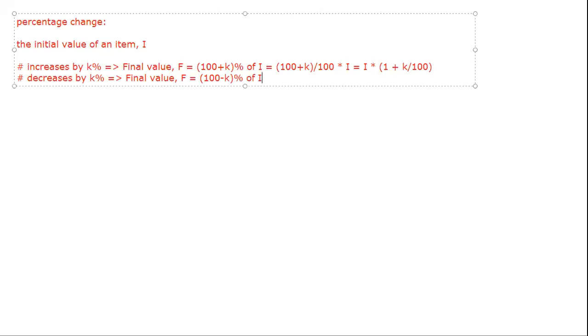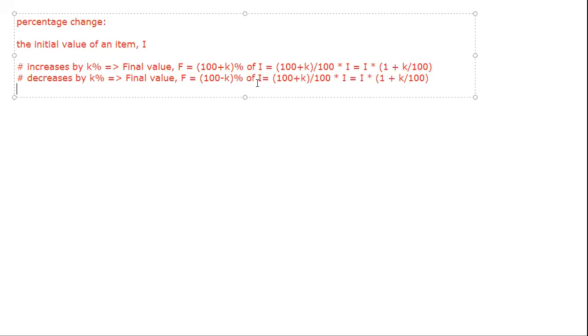And similarly for the second case, you will get the same thing only with a negative sign. Is that fine? I think this is okay. Yes, sir.